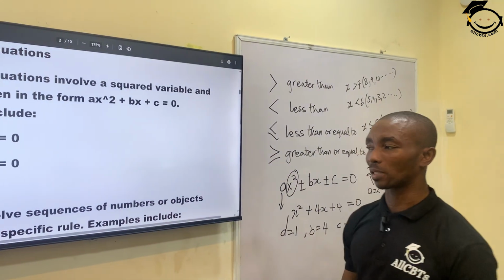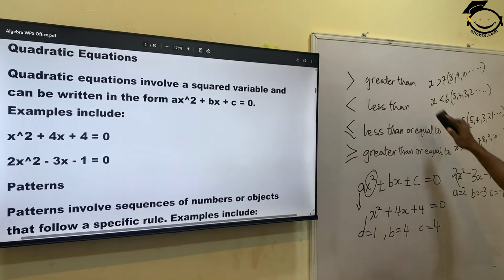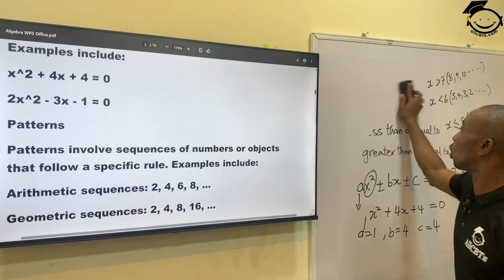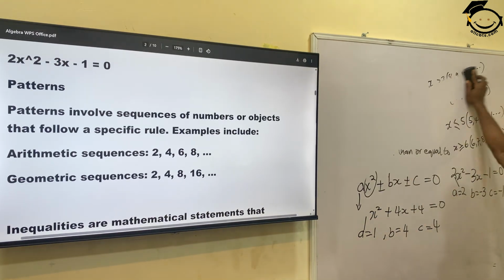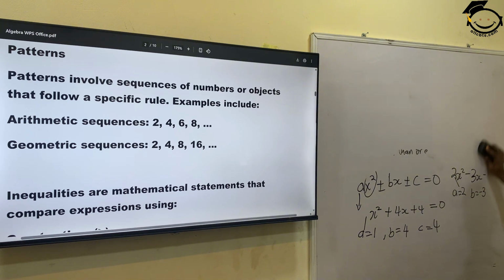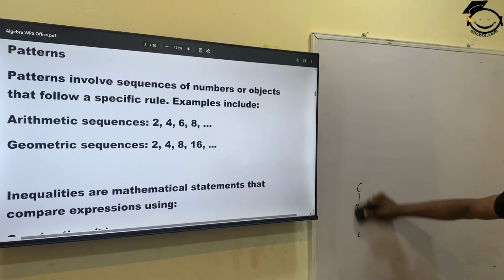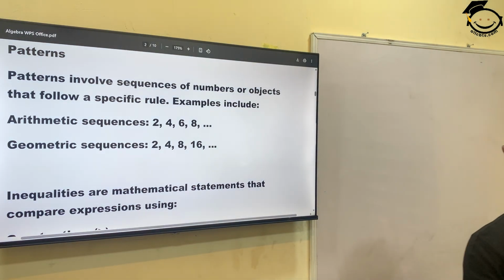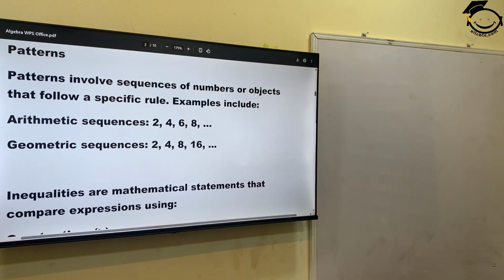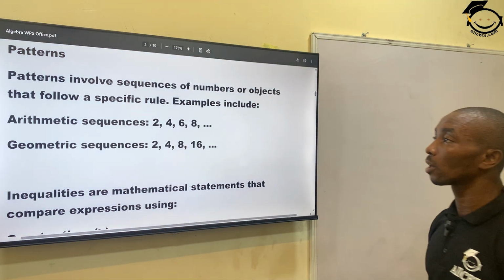Now, talking about patterns. Patterns involve sequences of numbers or objects that follow a specific rule. There are two major types of patterns or sequences: the arithmetic sequence and the geometric sequence.